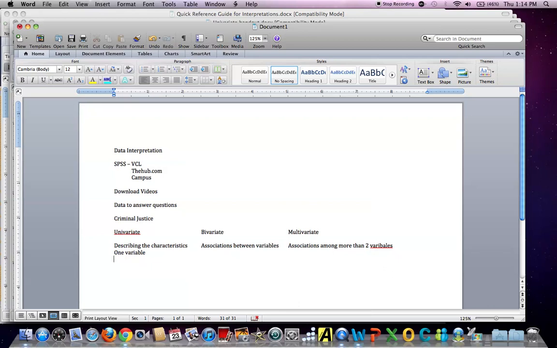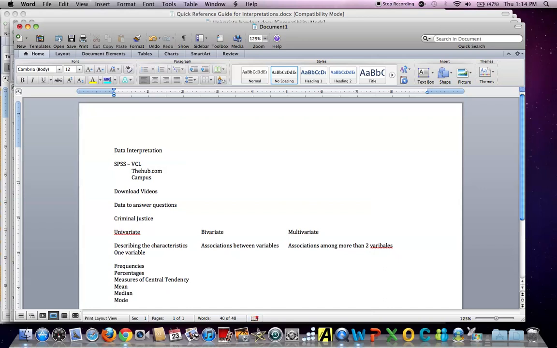So with the univariate analysis, for the most part, we'll be talking about frequencies, which is how many times does something appear. We'll be talking about percentages, which is the portion of the whole. We'll be looking at measures of central tendency, which is an aggregate way of looking at variables in terms of the mean, median, and the mode.